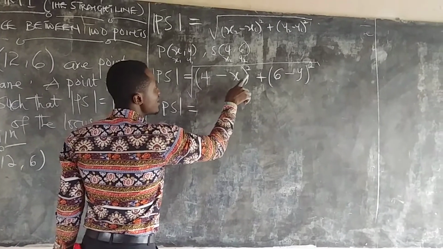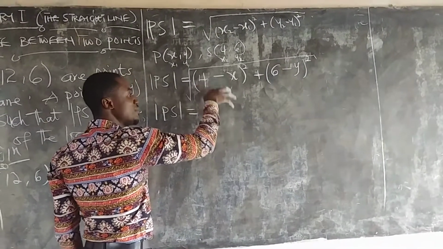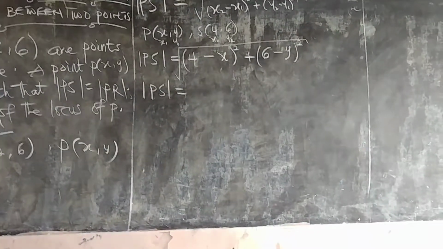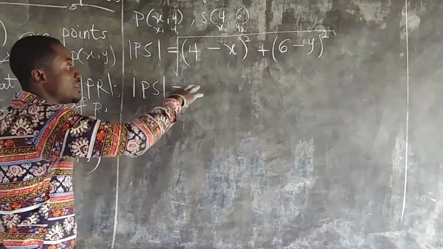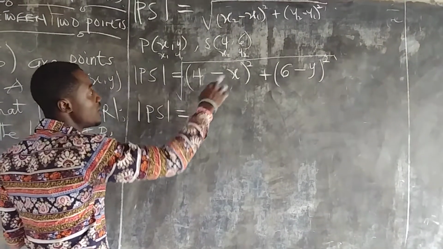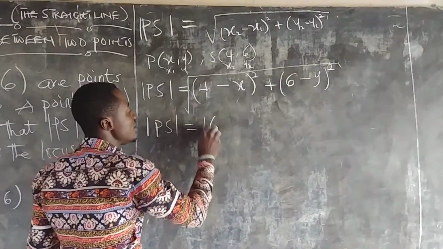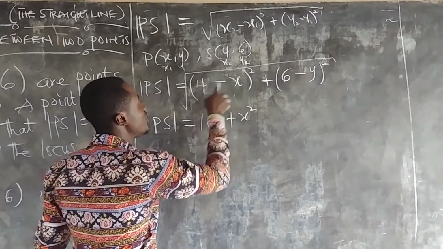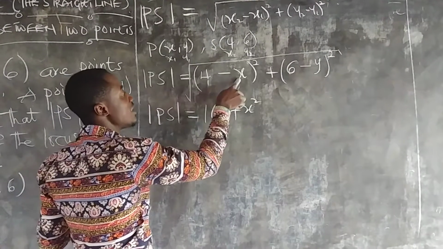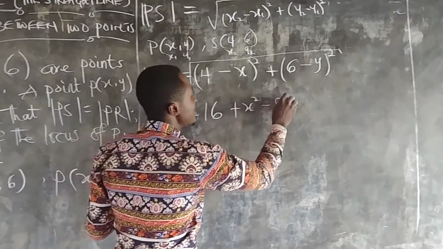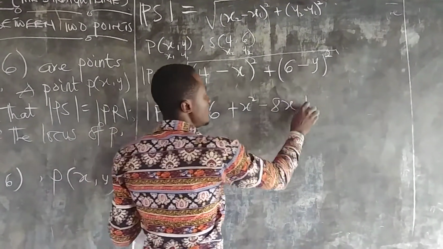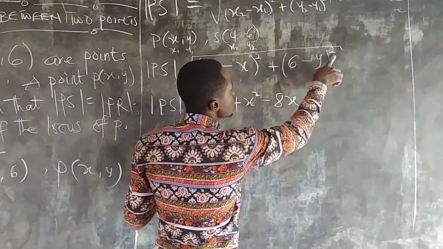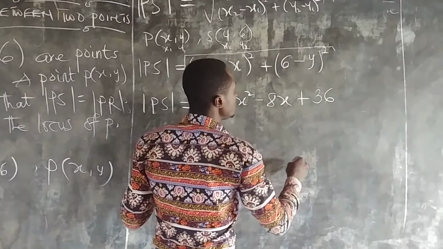So the length of PX is equal to the square root of (4 minus x) squared. You can simplify this or expand the bracket using binomial expansion. Let's expand this binomial. So this one will give us 4 squared, which is 16, negative x squared gives plus x squared, and 2 times 4, which is 8, times negative x gives us minus 8x, plus 6 squared, 36.